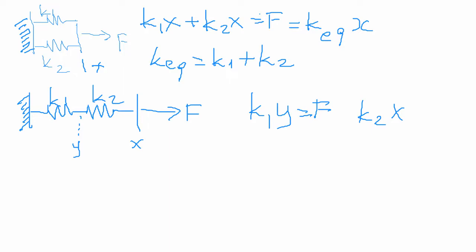What is affecting that K2? The one position is X, the other position is Y. Therefore, K2 times X is wrong. K2 times X minus Y equal to F is the correct one.